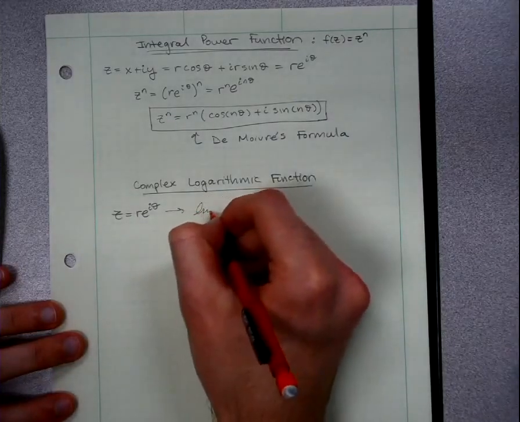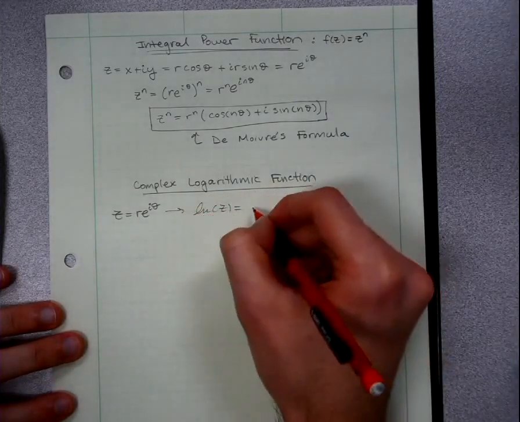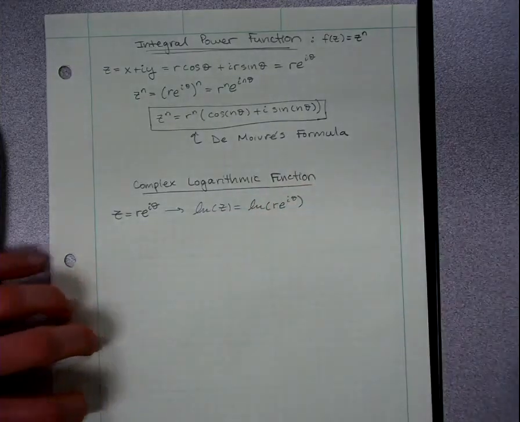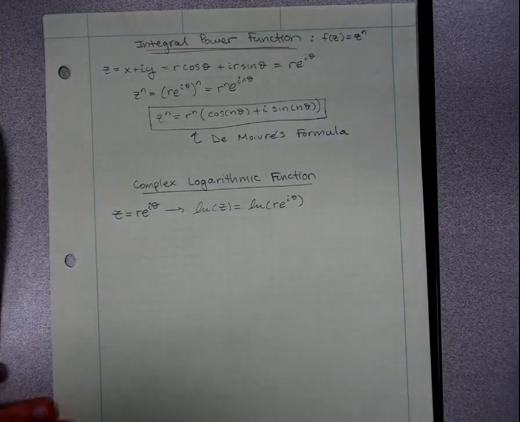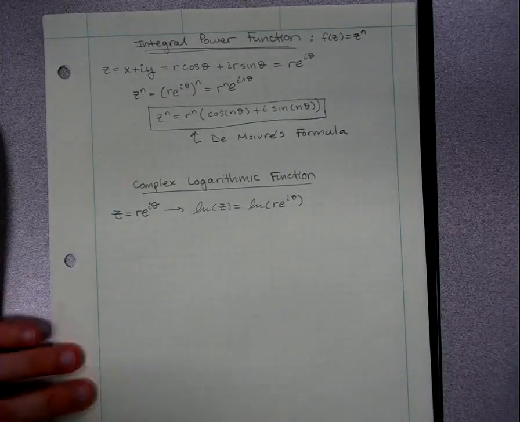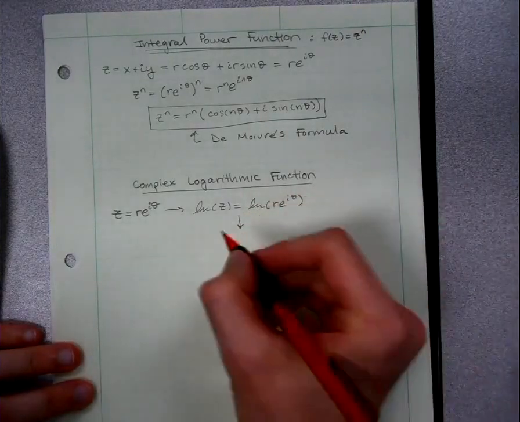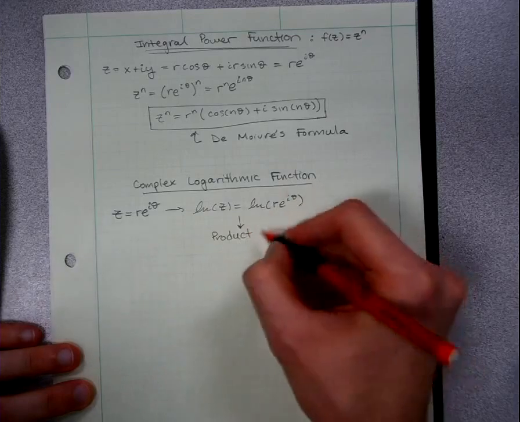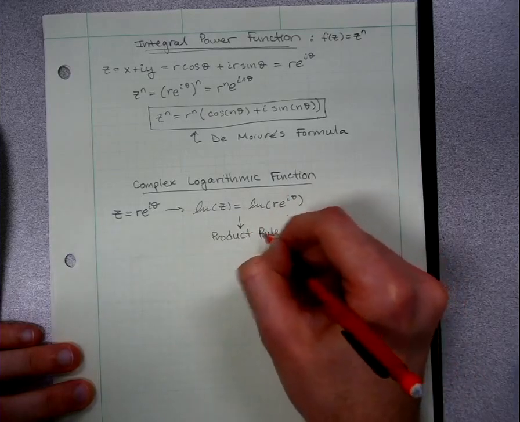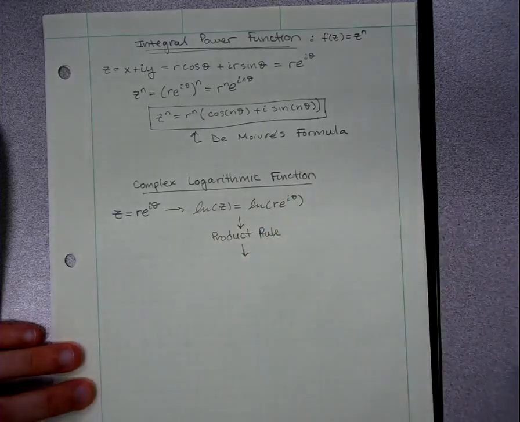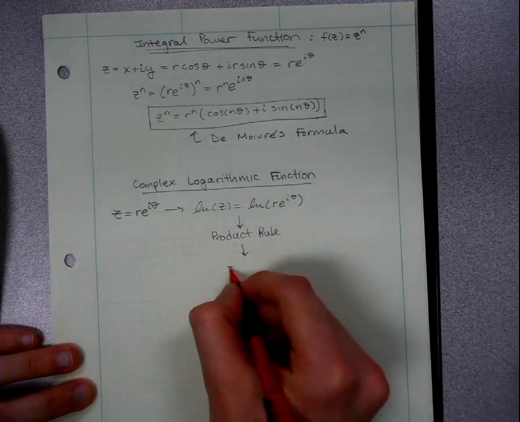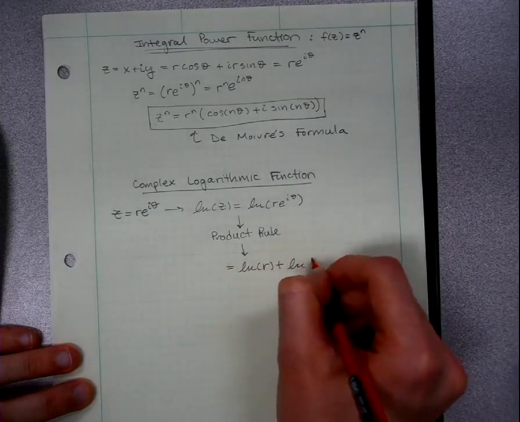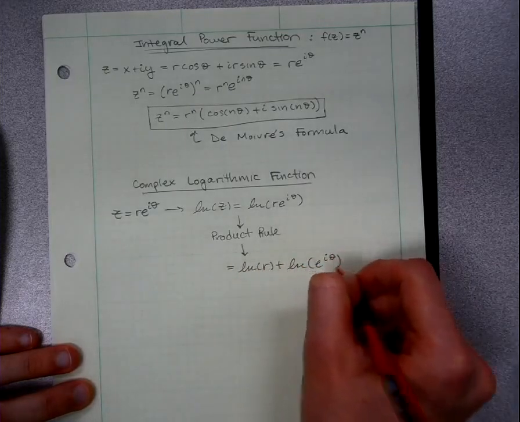So natural log of z equals natural log of r e to the i theta. The next step, we're just going to use a bit of algebra. We're going to use the product rule for exponents, not calculus. So using the product rule, we're going to get that this is equivalent to ln of r plus ln of e to the i theta.